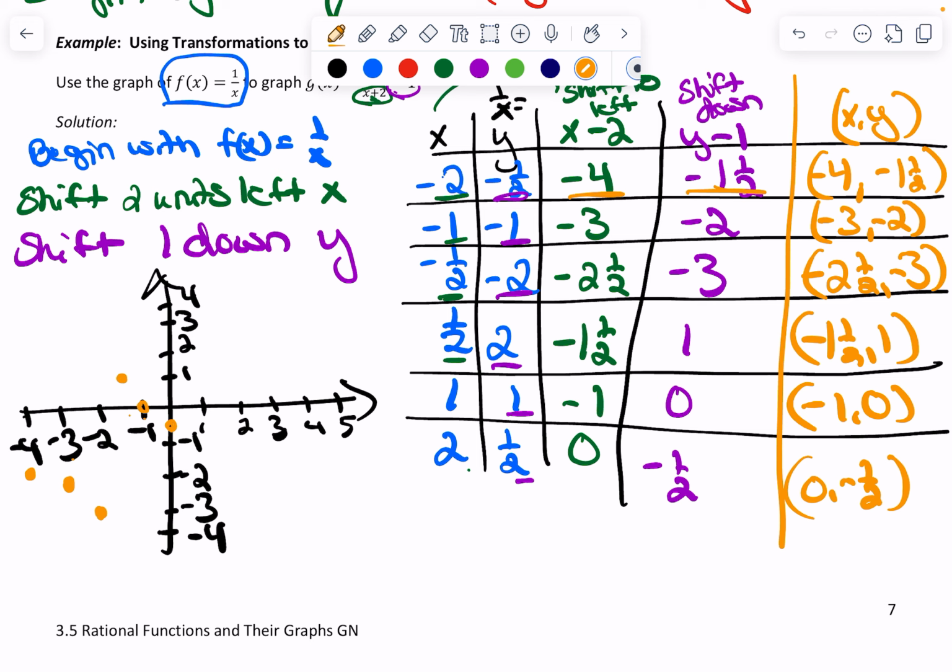Okay, so what would this look like? What we need to do next is figure out the asymptotes. So first, we need to figure out the vertical asymptote. Our vertical asymptote in the original one is going to be x equals 0 because we cannot divide by 0.